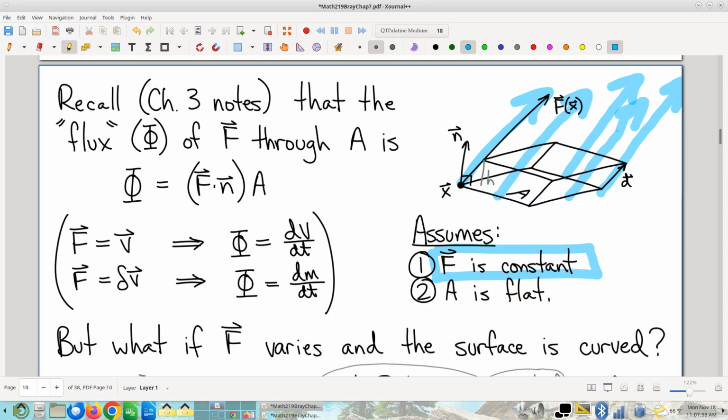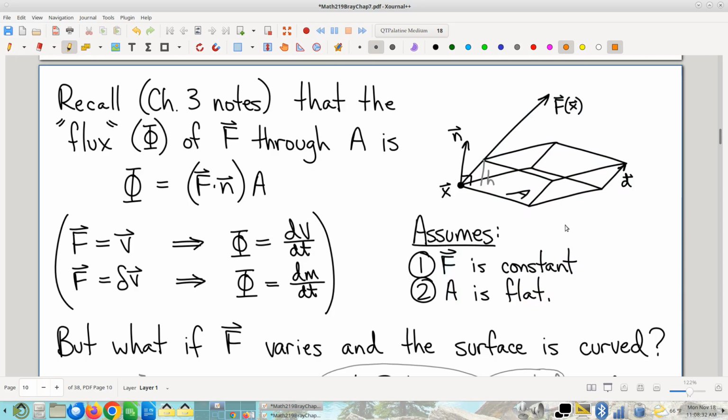And we also need, critical to the calculation that we did, we assumed that the surface was flat, because we argued that the resulting volume of water, however you want to describe it, is actually a parallelepiped, and that's just how we got our foot in the door on the computation. So constant vector field, flat surface. And what we're going to do now is just ask, what if it isn't?